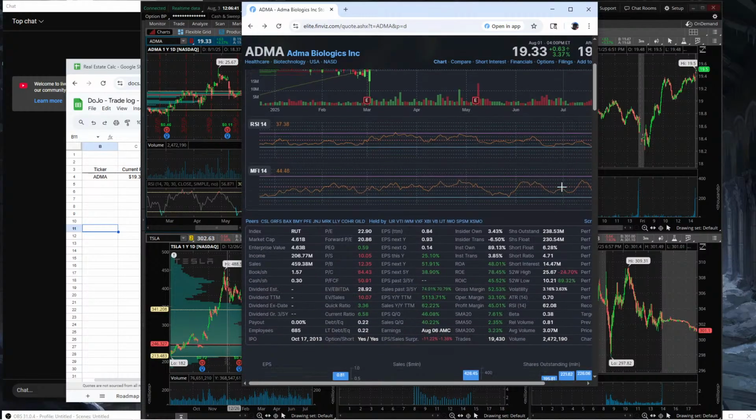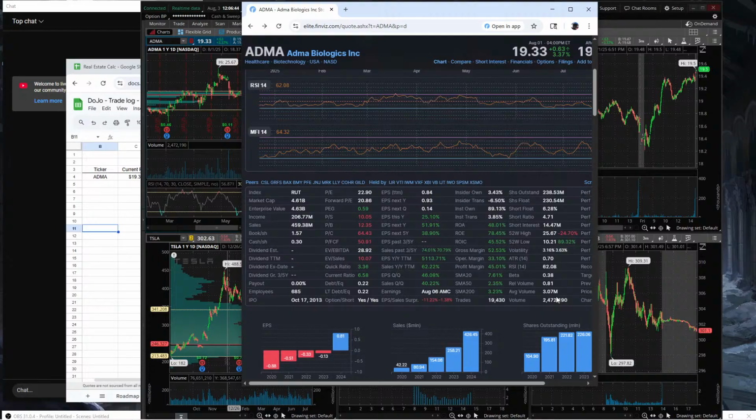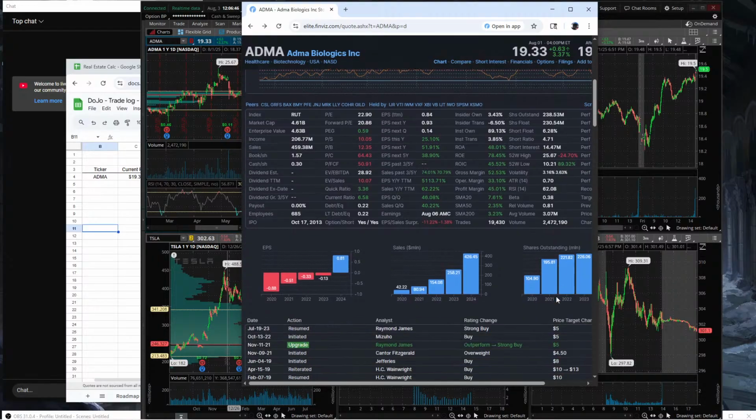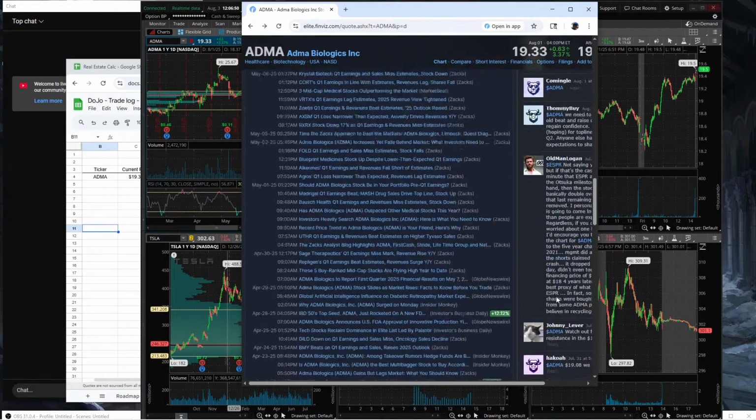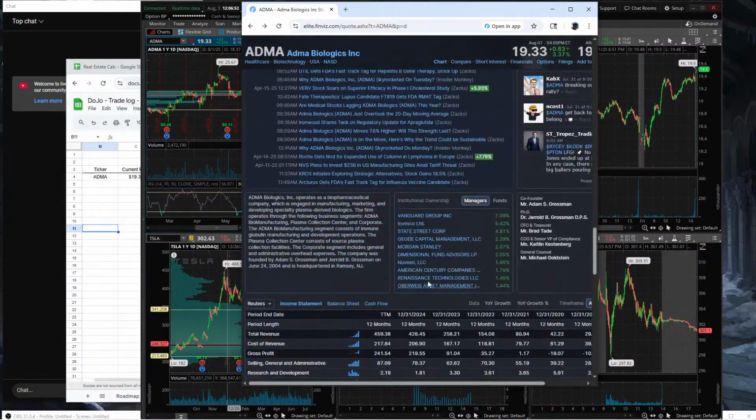You know, this might not be the best to trade just because of where it's at. Biopharmaceutical company manufacturing, marketing, developing specialty plasma derived biologics. Cool.